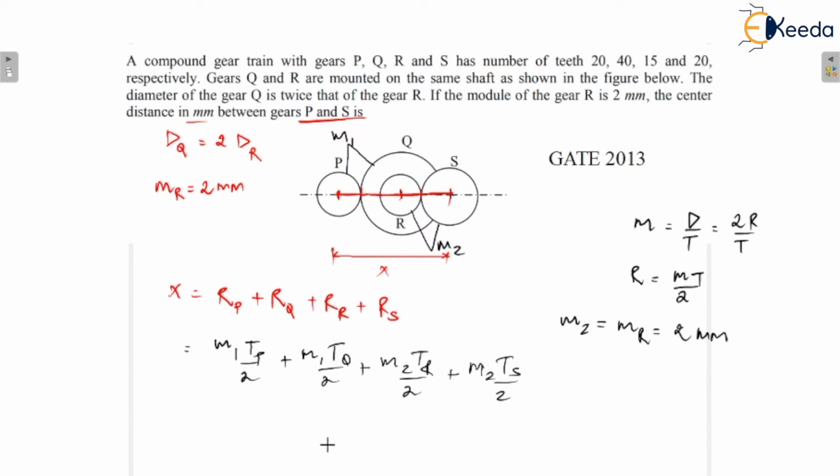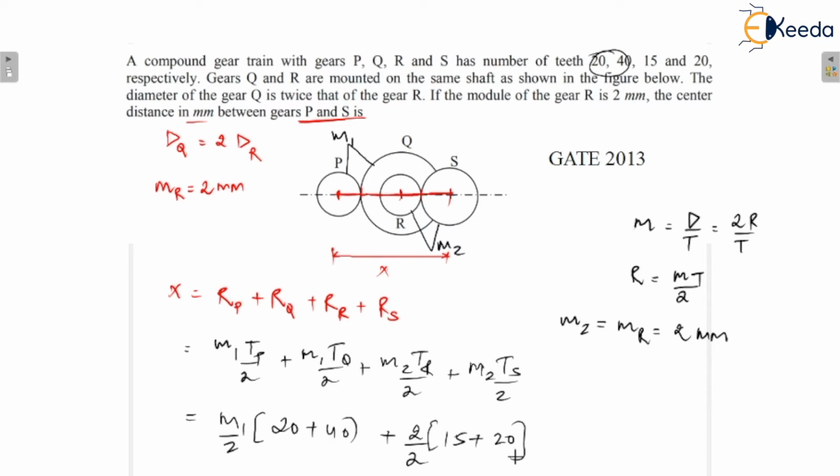We just need to calculate the module for the first mating gears, that is P and Q, and we have all the other things. So that is M1 by 2 times TP plus TQ, the number of teeth on P and Q, that is 20 plus 40, plus M2, which is 2, upon 2 times TR plus TS, that is 15 plus 20.